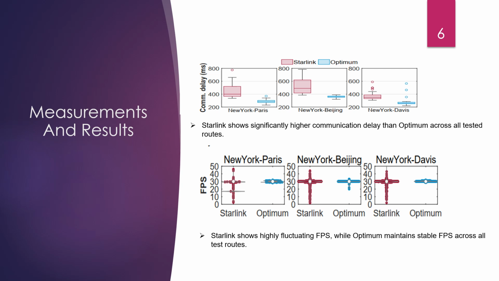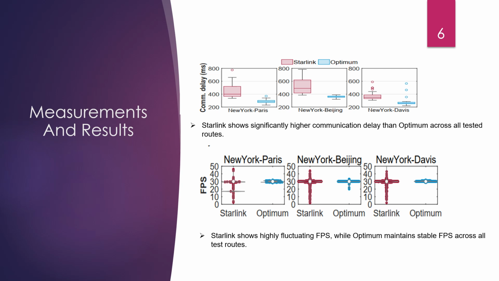In this slide, we talk about the results of the previous experiment. Starlink exhibits significantly higher and more variable communication delays compared to the Optimum network, with delay frequently ranging between 400 milliseconds and 600 milliseconds, while Optimum remains stable at around 300 milliseconds or lower.